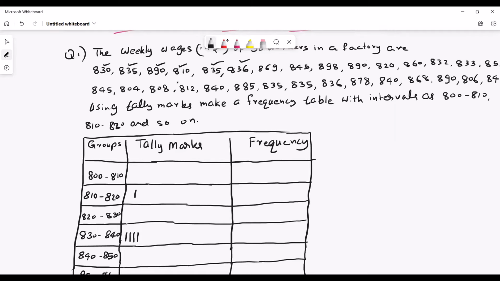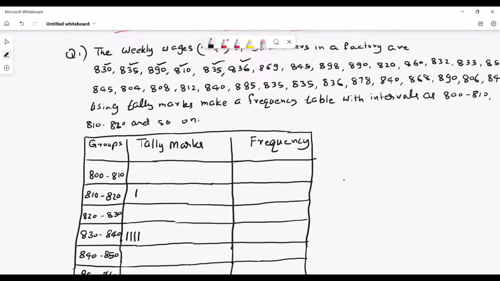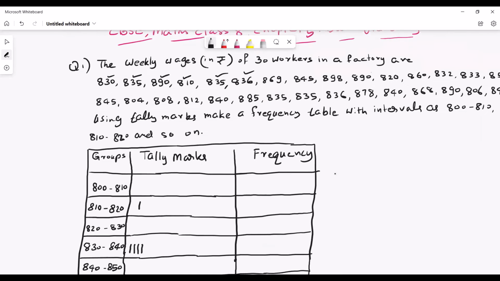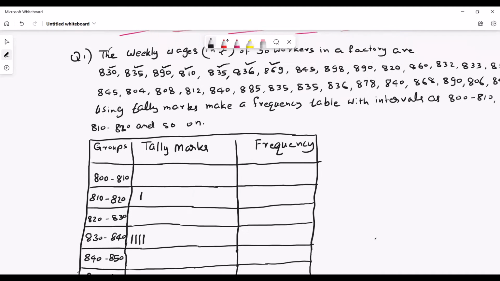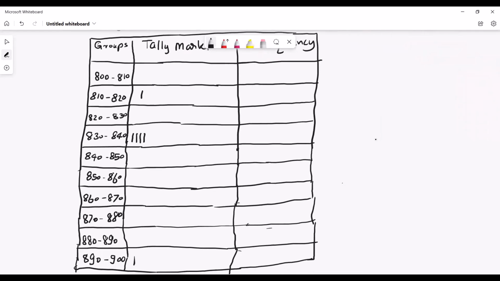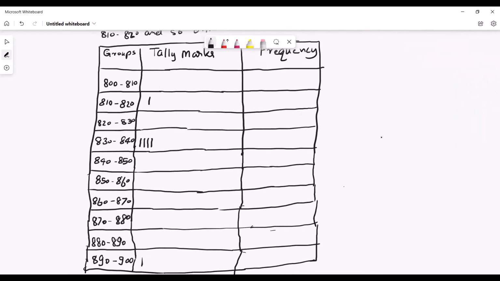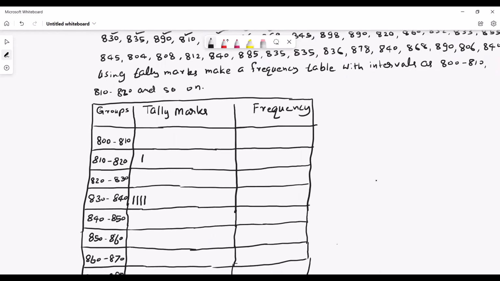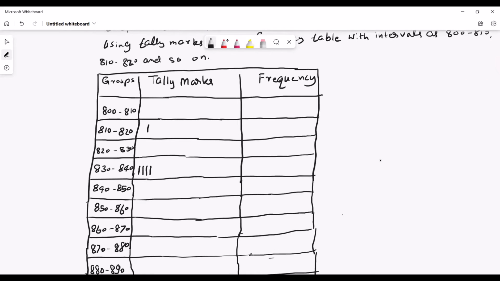Now 865 is coming. Next one is 865. Keep it marked. 869. So 869 will come here in the 860 to 870 range.